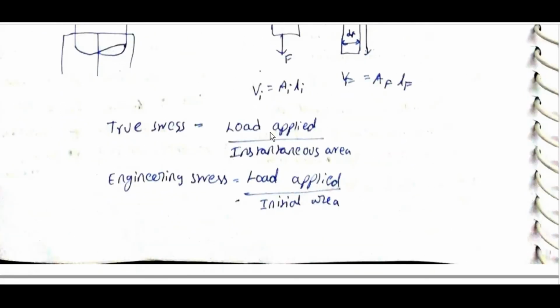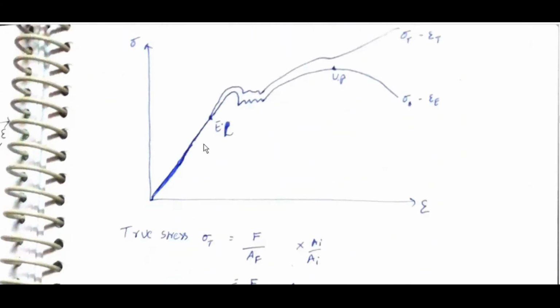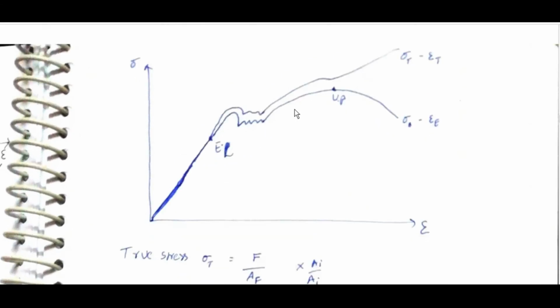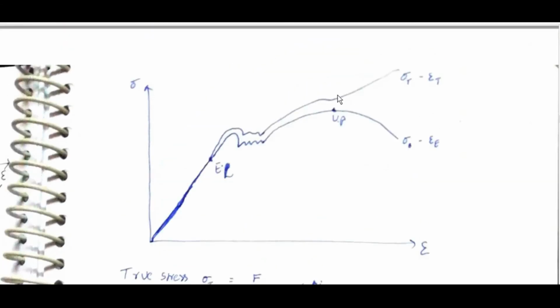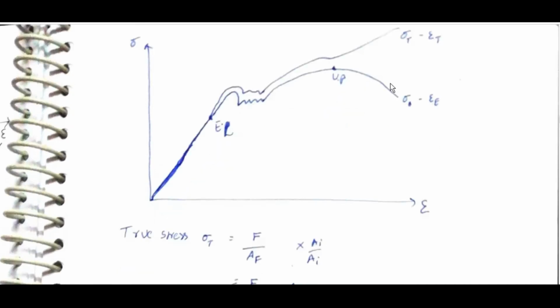True stress is equal to load applied by instantaneous area. Engineering stress is equal to load applied by initial area. Sigma e epsilon e diagram, sigma t epsilon t diagram. It will be like this, then it will keep on increasing up to the upper limit, then also keeps on increasing.